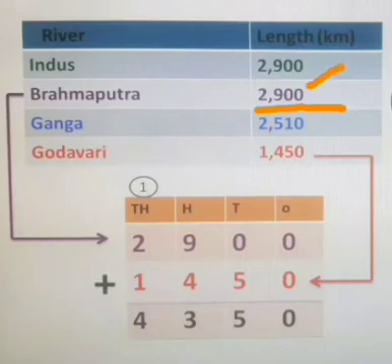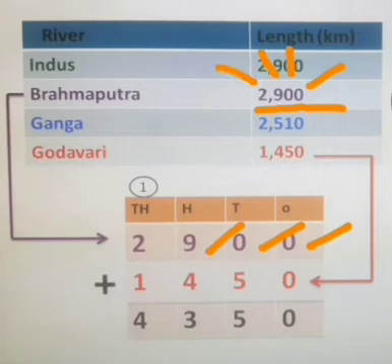So, this 0 is in the ones place. So, we write this in the ones column. Then next 0 is in the tens place. This 9 is in the hundreds place. And this 2 is in the thousands place.